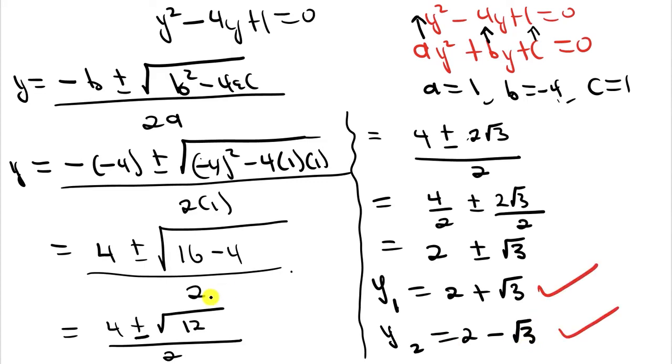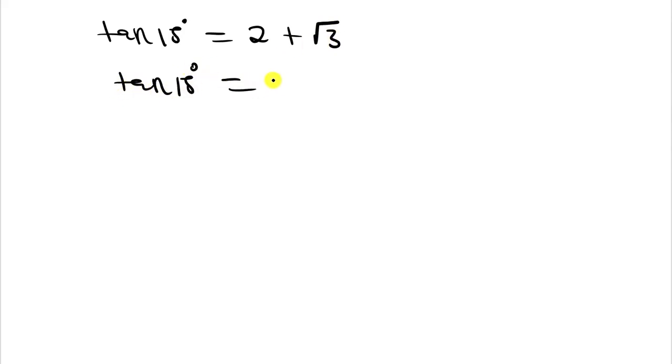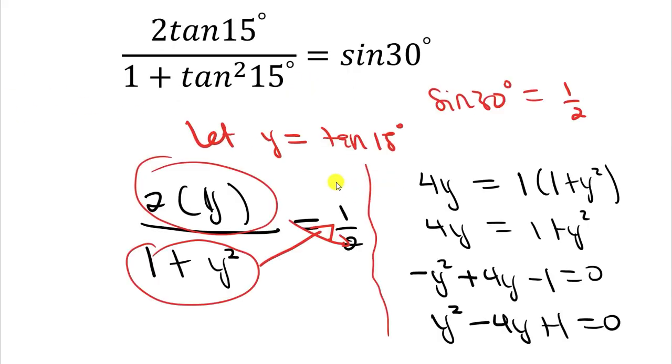Don't forget that y represents tan 15 degrees. In that case, tan 15 degrees is equal to 2 plus root 3, or the same tan 15 degrees is equal to 2 minus root 3, because that was our representation where we let y be equal to tan 15 degrees.